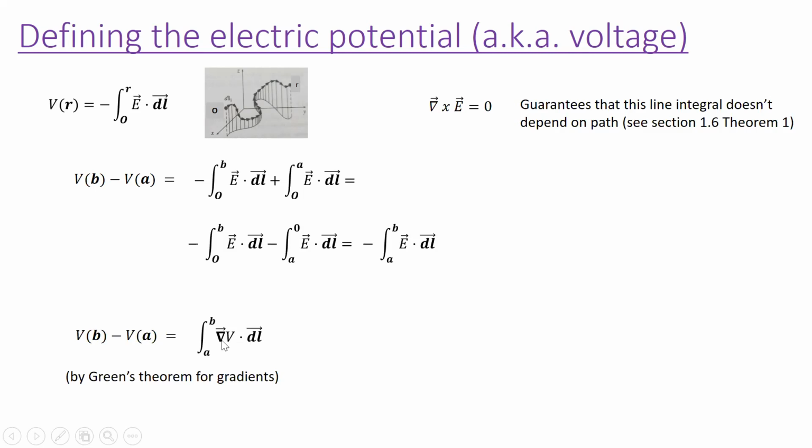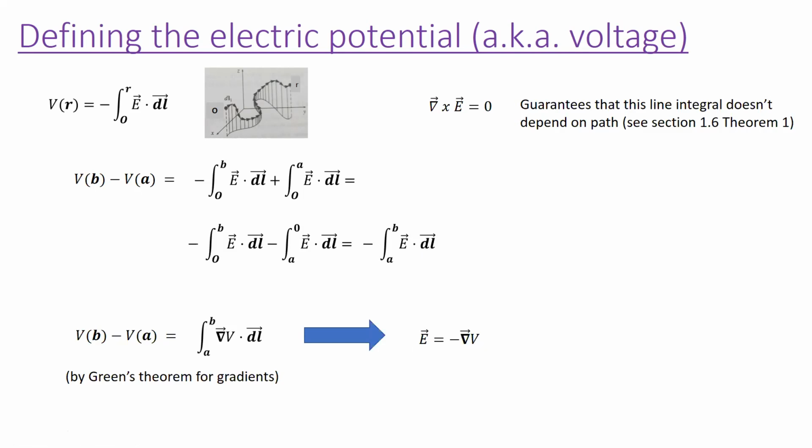So if we look at these two expressions, V of B minus V of A is equal to minus the integral of E dot dl, and here it's the integral of the gradient of V dot dl. This is true for any path and for any electric field, so it must be true that the integrands are equal. That is, the gradient of V is equal to minus E, or E is equal to minus the gradient of V.